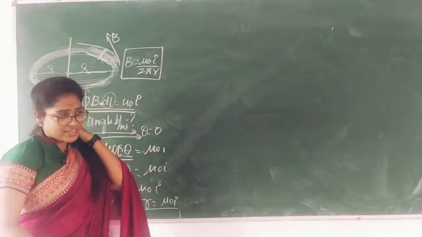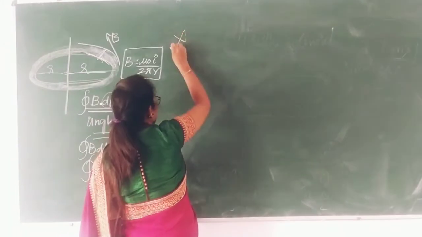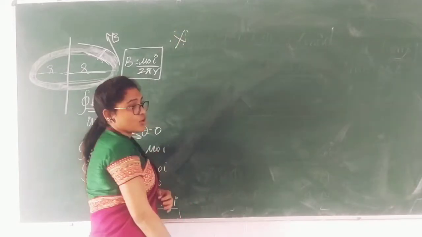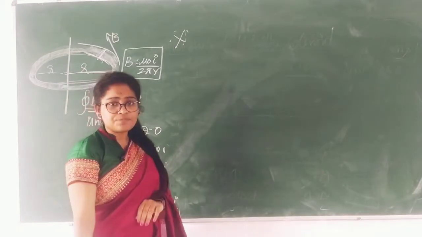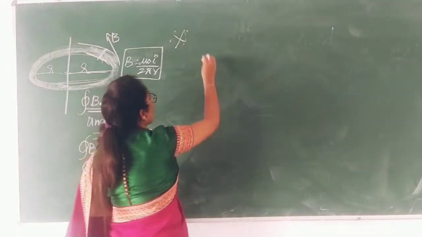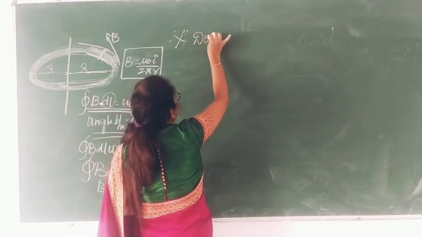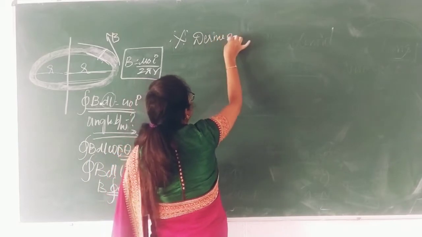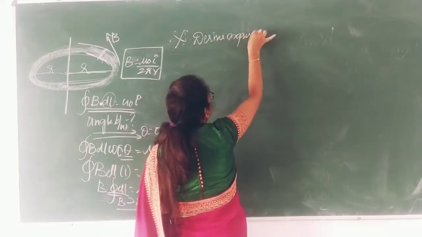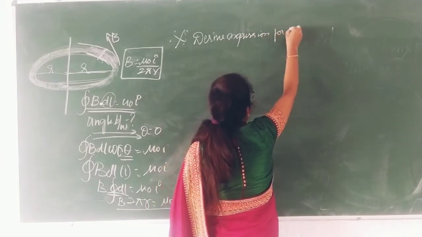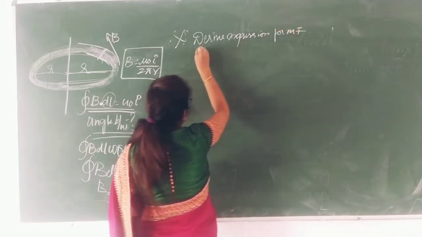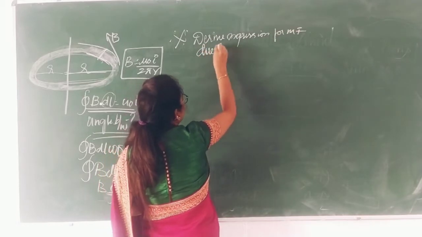Today again it's very important, including for your board examination. Today my topic is, here we did it for a straight conductor, today we will derive the expression for the magnetic field due to a solenoid.